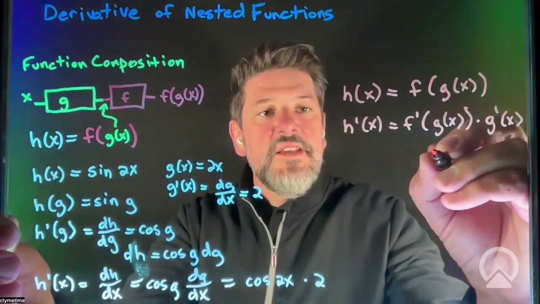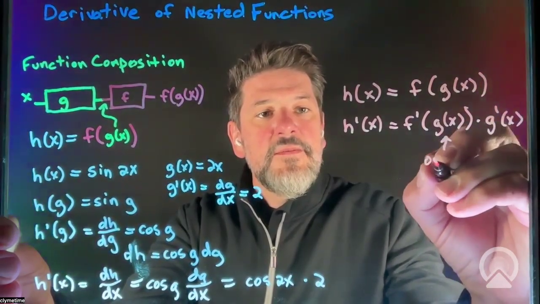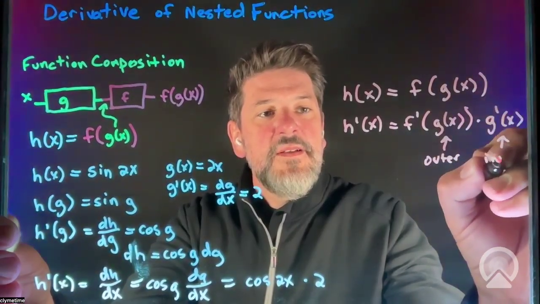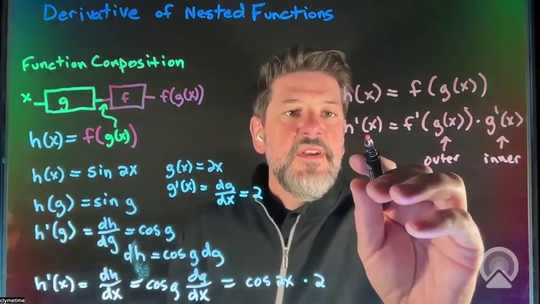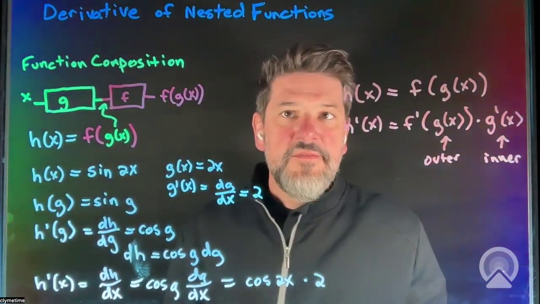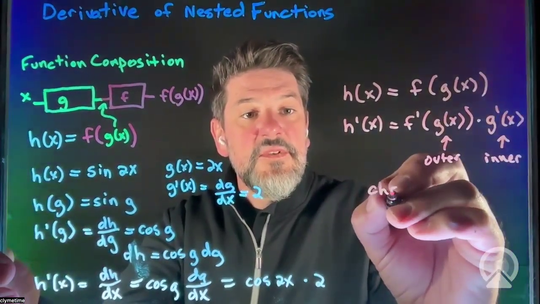So this is the outer, this is the inner. I'll go ahead and write that in, outer, inner. And that's how you find the derivative of a function within a function, or a composition of functions. There's a name for this, it's called the chain rule.